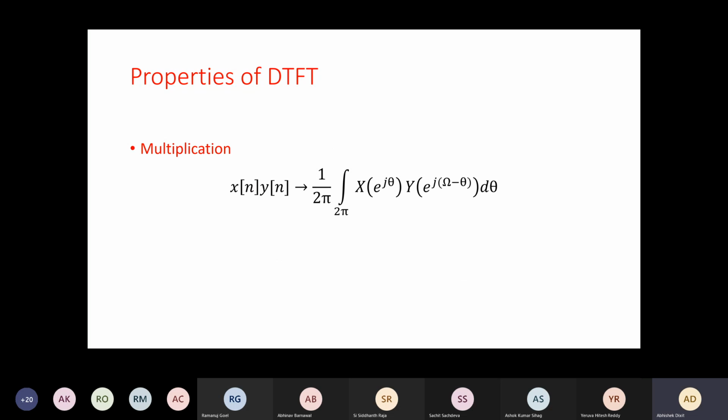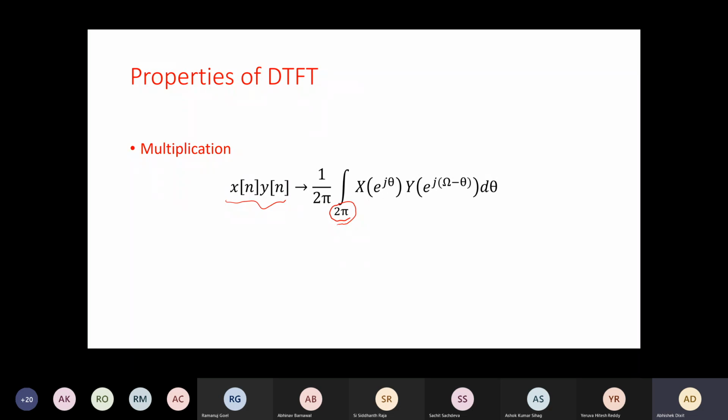Now multiplication in time domain. Multiplication of two signals in time domain, again similar, is given by the convolution of two frequency domain signals. But now we have a catch, and I think this has been introduced to you in tutorials, that instead of a normal convolution, now we will have a periodic convolution.